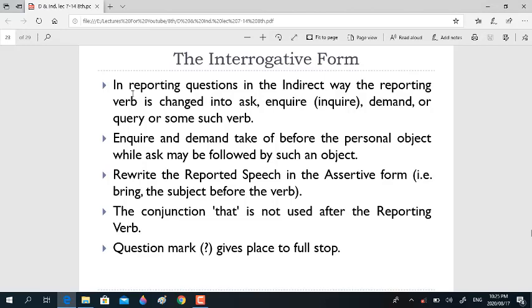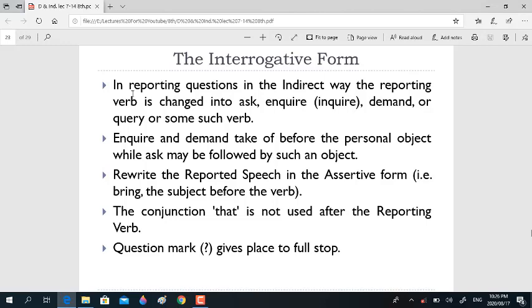And if you have polar interrogatives that begin with auxiliaries, then you have to put in whether or if, whether or if is a conjunction, after removing the inverted commas. You have to do this only in the case of polar interrogatives.